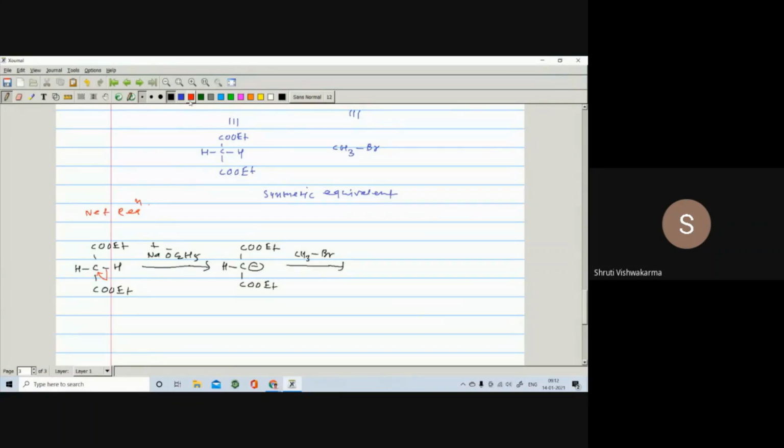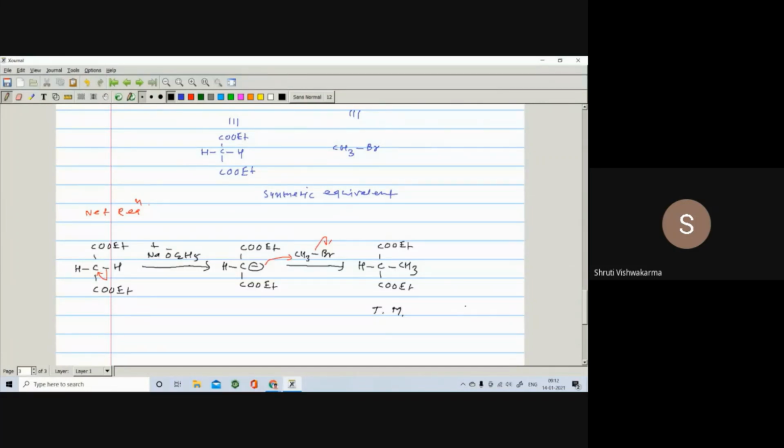Br is more electronegative, that's why the sigma bond opens on Br negative, CH3 positive, and the C negative will attack this CH3 positive, and you can get here HC with COOEt and also COOEt, and there is a formation of the target molecule. So in this way you can prepare such type of target molecule.